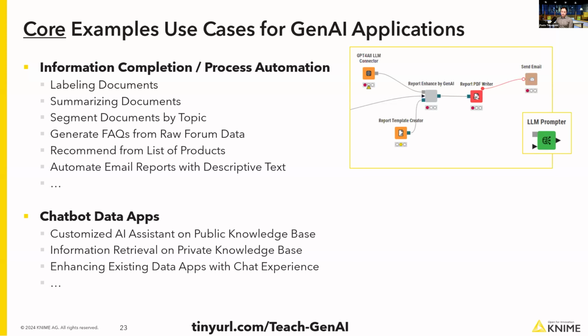Then there is also another use case. Of course, many are talking about that. To be honest, it's the one I'm hearing the most, which is chatbots. Yes, you can also do it in KNIME if you want.